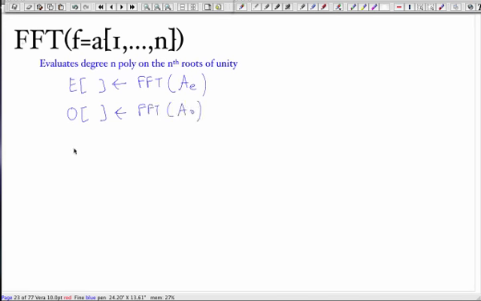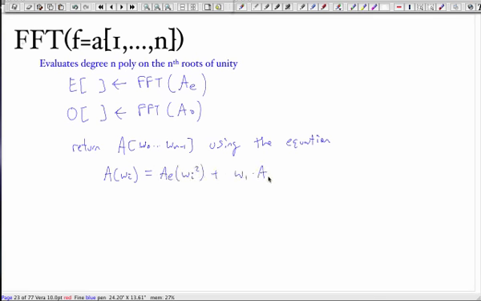And then we will return using the equation A of omega i is equal to A even of omega i squared plus omega i times A odd of omega i squared. Now you can see this is T of n over 2, this is T of n over 2, and this right here is going to be theta n, which gives us the algorithm.